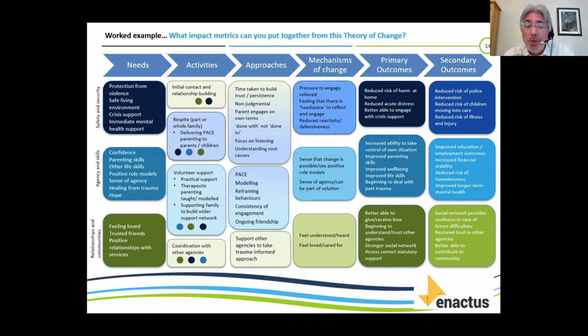So a few key features. You will notice, if you're really on top of this, that we don't have an outputs column in the middle of this. That's solely because we've abbreviated the table to make it fit on the page and be visible. Normally, we would have an outputs column. That's the points at which somebody engages with the support. So the volunteer comes and helps the family.